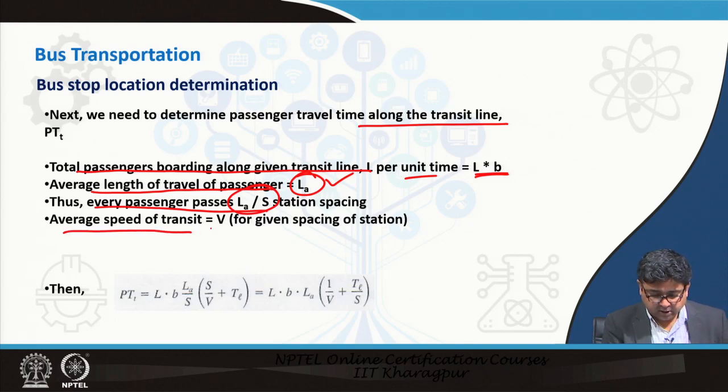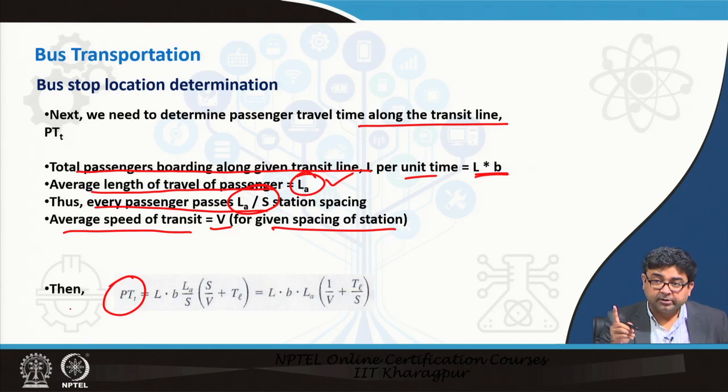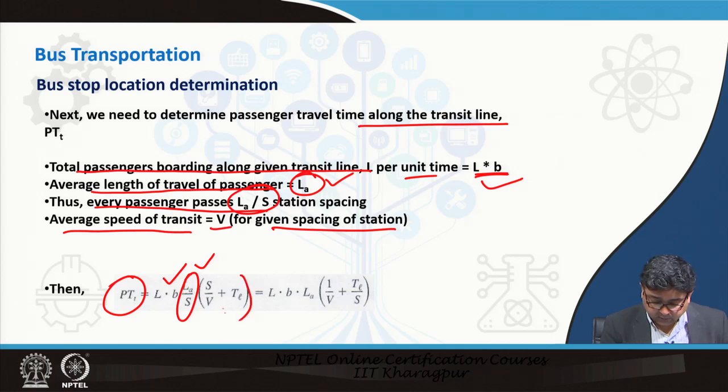And if the average speed on the transit line is V for a given spacing, then the passenger travel time on the transit line equals L times B times L_A by S, multiplied by the spacing by velocity, right. For whatever given spacing, what is the speed, plus T_L.